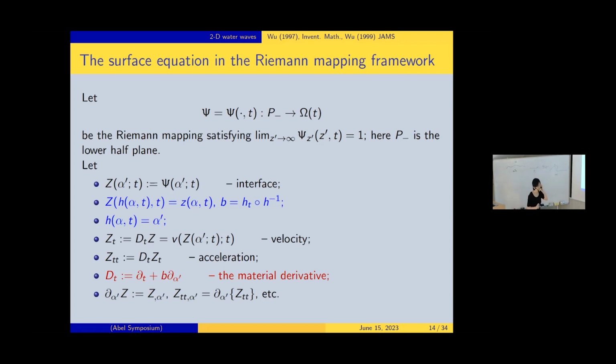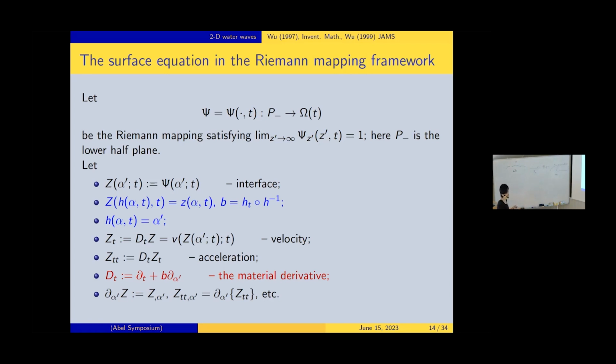So naturally psi of alpha prime, t exactly gives us an equation for the interface, and we call it z alpha. This precisely describes the interface.